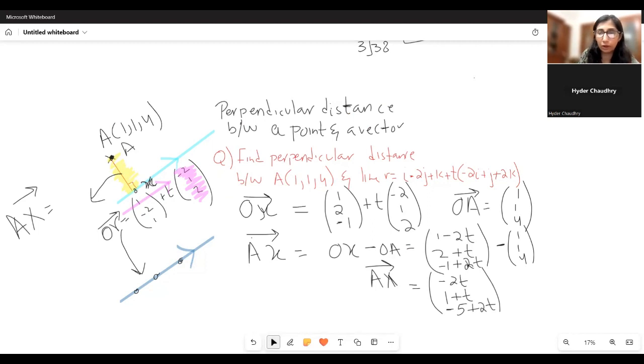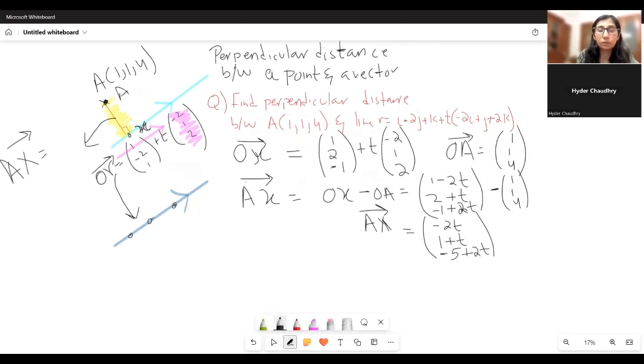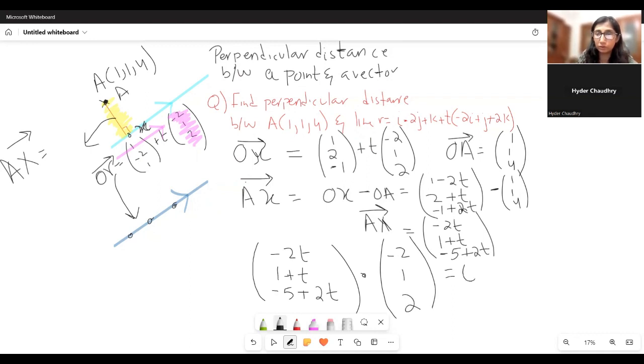So what I'll do now is write the dot product of AX, which is minus 2t, 1 plus t, minus 5 plus 2t, dot the direction vector of the original vector, minus 2, 1, 2, and this should equal 0.